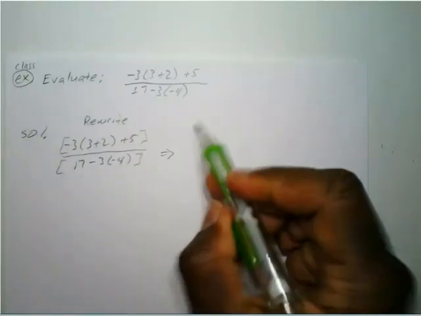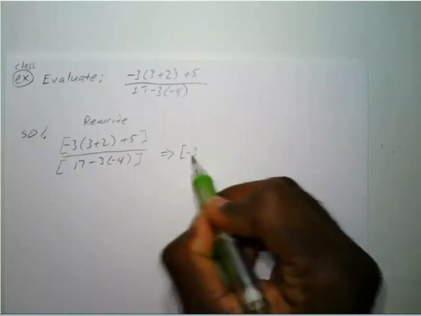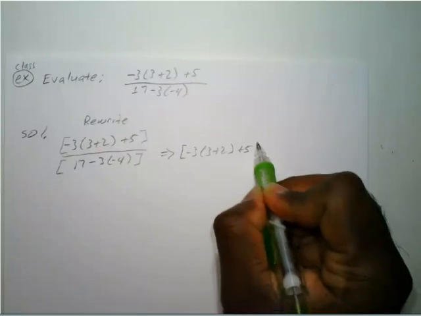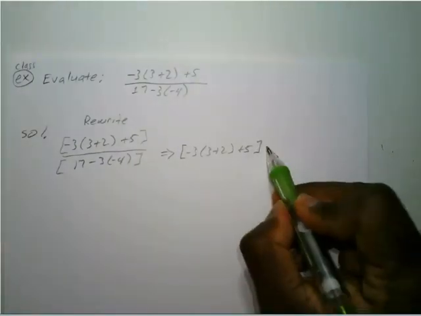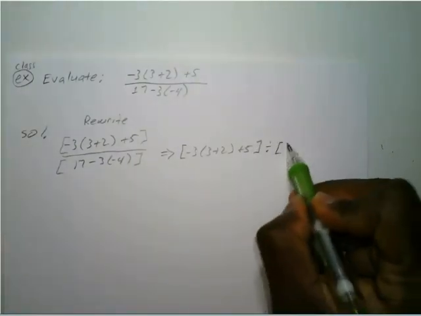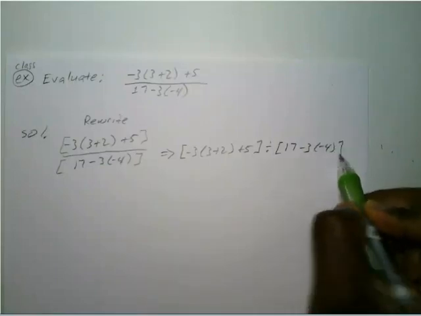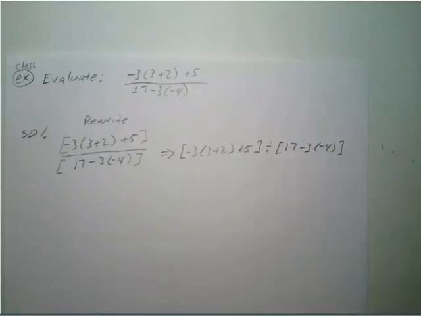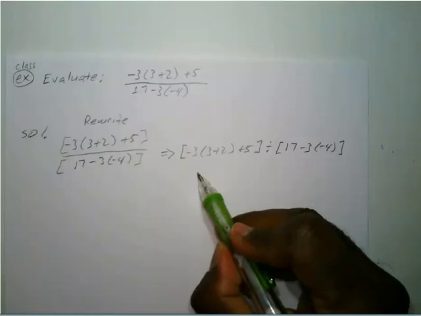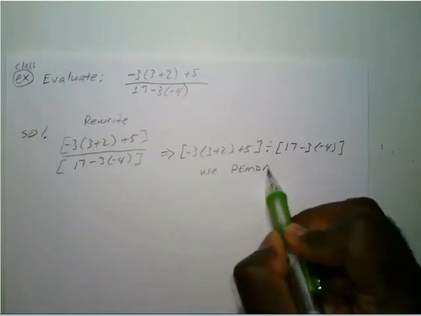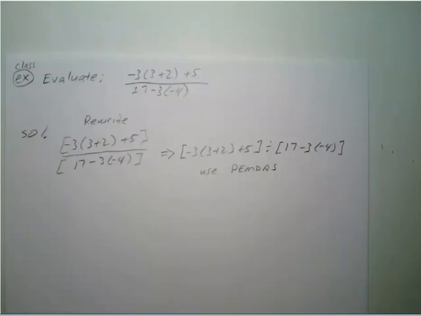So what you have is negative 3 times 3 plus 2 plus 5 divided by 17 minus 3 times negative 4. Okay. So now we use our order of operations.